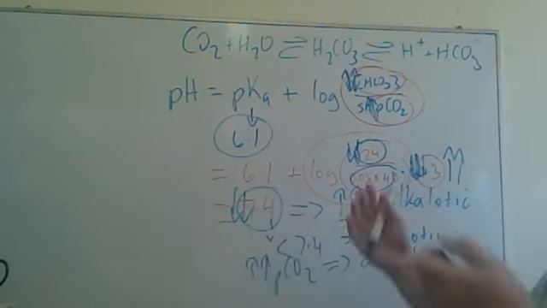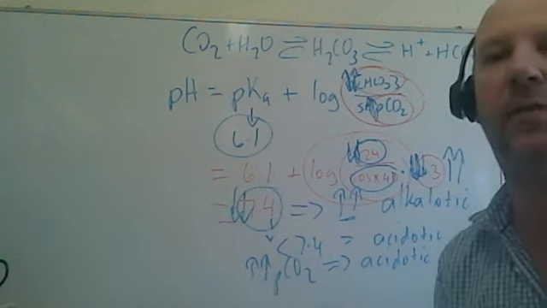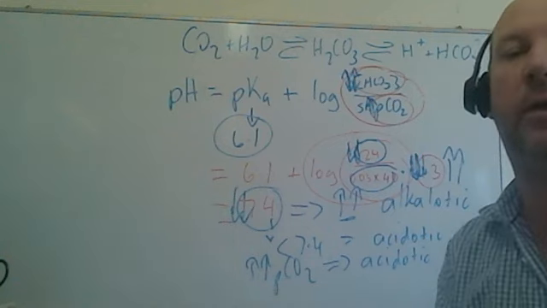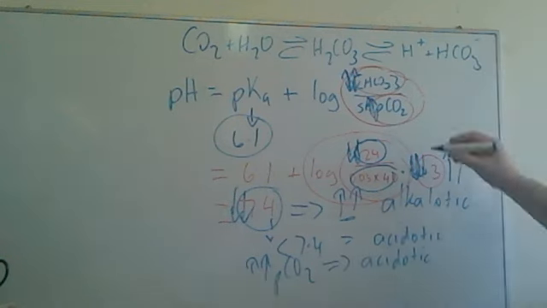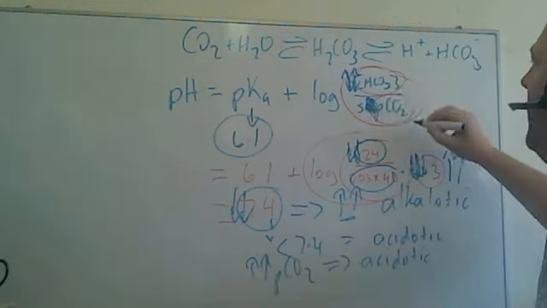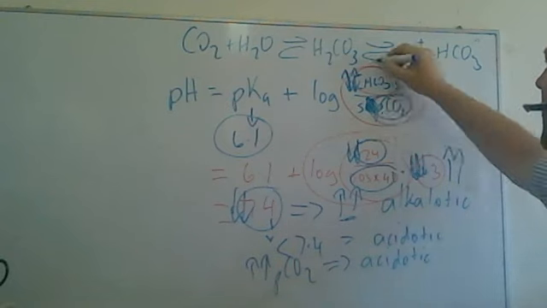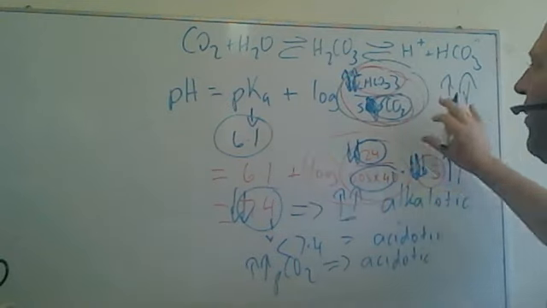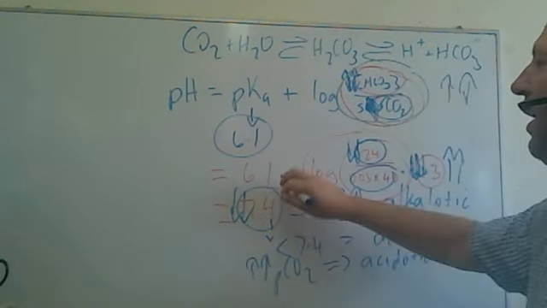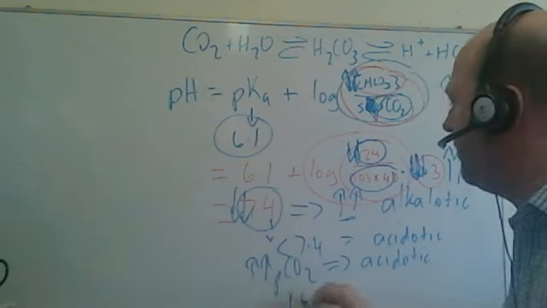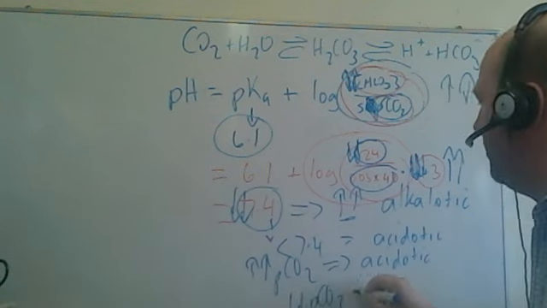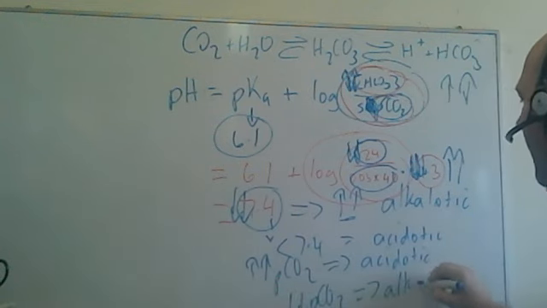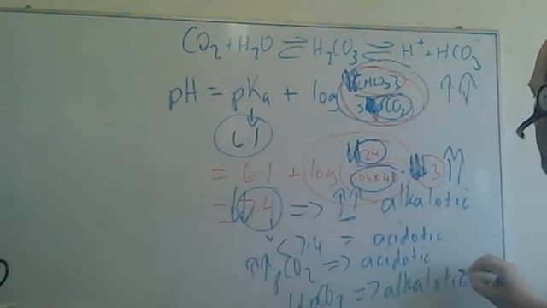So of course, elevating PCO2 is equivalent to acidosis. And on the other side, a decrease in PCO2 means the value of the whole log value is going to be increased. If this value is greater, we add it to 6.1, we get a value much greater than 7.4. So a decrease in PCO2 leads to an alkalotic situation.